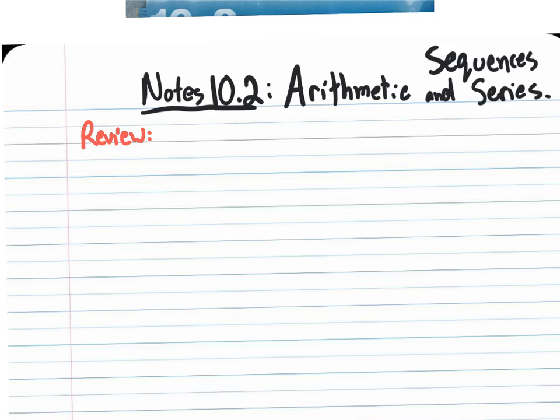What did we learn about in the previous section? We learned about arithmetic sequences and also geometric sequences. And what is a sequence? It's just a list of numbers, and of course they have patterns, right? What determines whether a sequence is arithmetic?